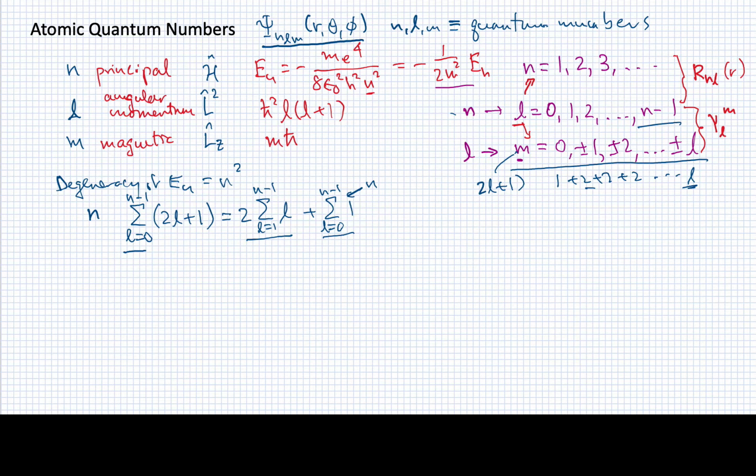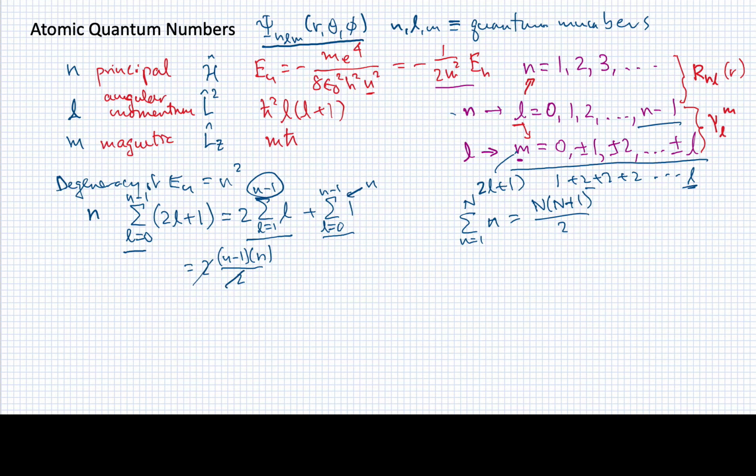Well, whenever we add consecutive integers together, there's a famous formula that if we add the numbers 1 up to capital N, their sum is going to be equal to N times N plus 1 over 2. So when I plug that into this, I'll have twice the sum, n minus 1 times n minus 1 plus 1, over 2.